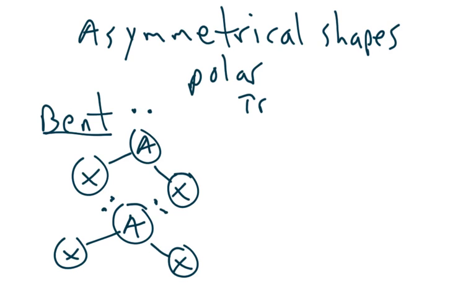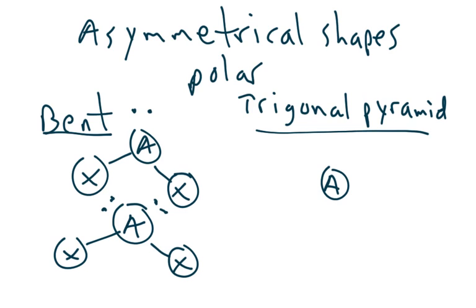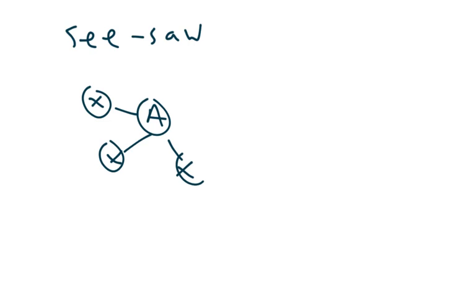Okay. We also have the trigonal pyramid. That one's going to be also, and I can draw it like this. That throws off the symmetry there. Trigonal pyramid. Okay, let's take a look at the last ones. I'll put a new page here. We have the seesaw. That one's also going to be considered asymmetrical shape because of the lone pair.